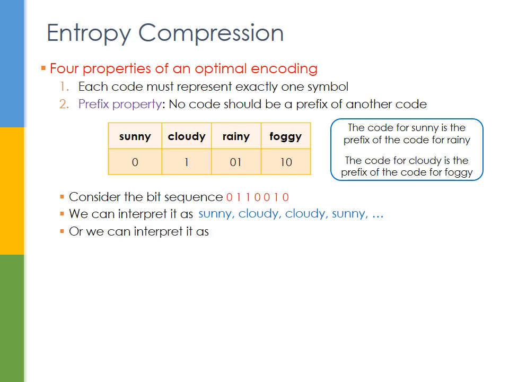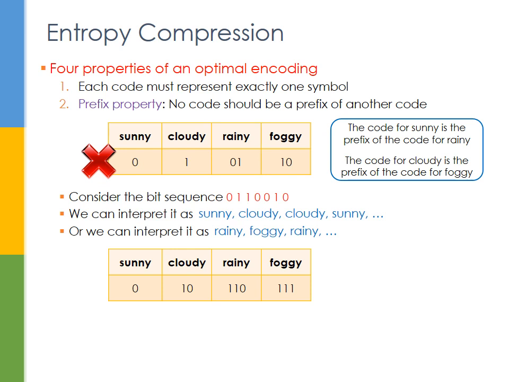But we can also interpret this bit sequence as 0, 1, which is the code for rainy, followed by 1, 0, which is the code for foggy, followed by 0, 1, which is the code for rainy, and so on. So we have an ambiguity. We have 2 potentially valid ways of interpreting the same bit sequence. In fact, there are other ways that we could also interpret the same bit sequence given this encoding scheme.